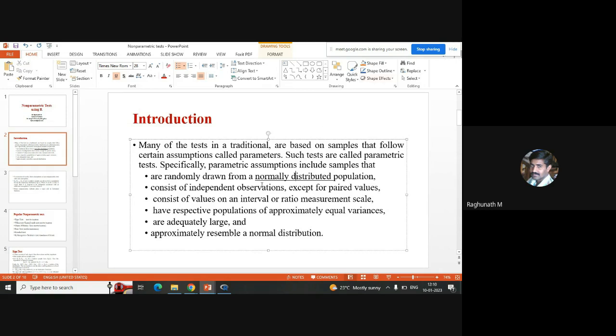Again, this is a word we don't accept in the non-parametric sense, but we take it into consideration. They consist of independent observations, except for paired values, which I'm going to talk about in another two or three slides. They have respective populations of approximately equal variance.